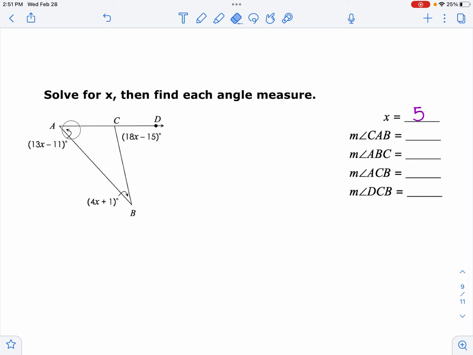So CAB is this angle right here, right? So I'm going to go 13 times 5 minus 11. Okay. So 13 times 5 is 80 minus 11.